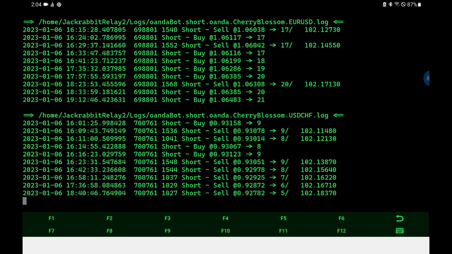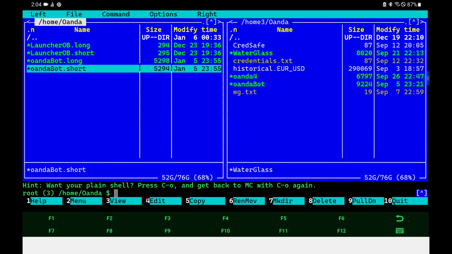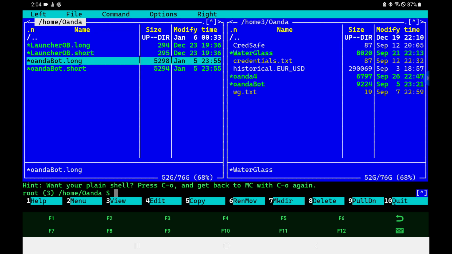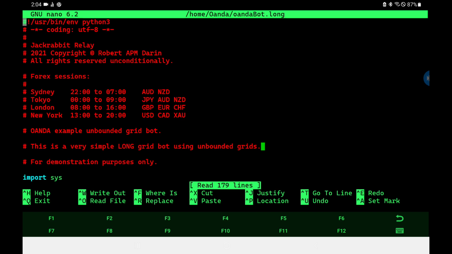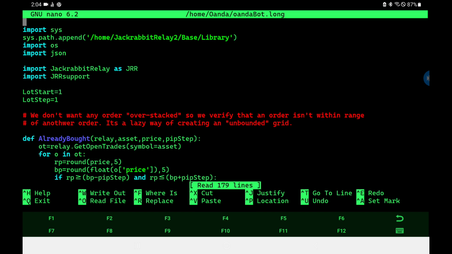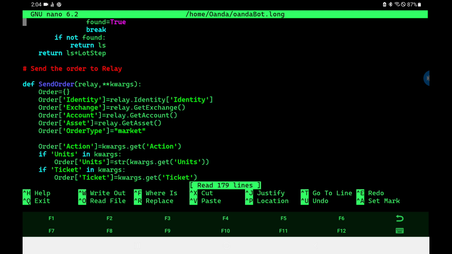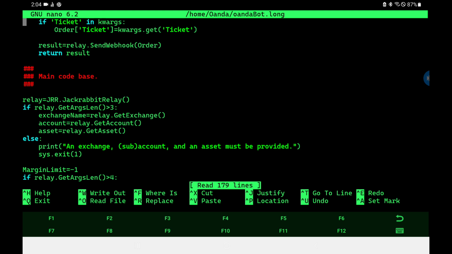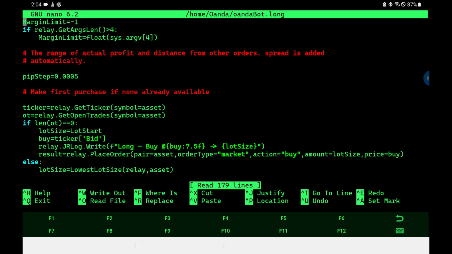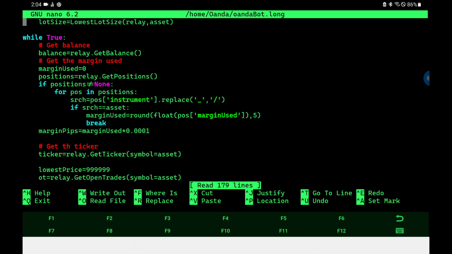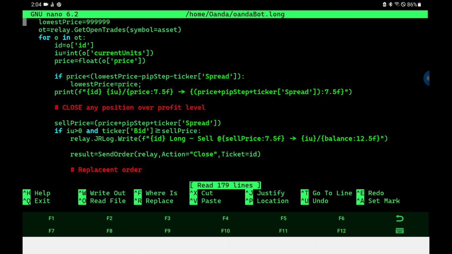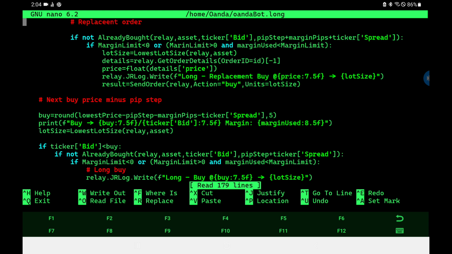Now, you can do long or short. I chose to go short with these. I may end up going long in the future. And really, there's not that much difference between the approaches. Both long and short are pretty much identical, with the only difference being, let's get down to here.